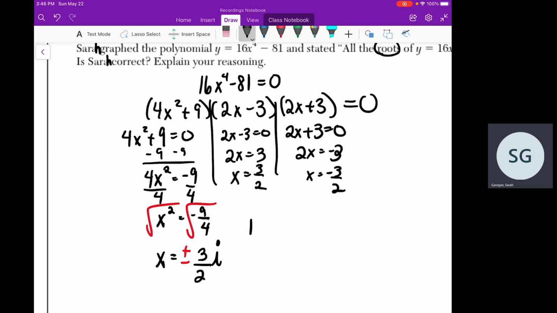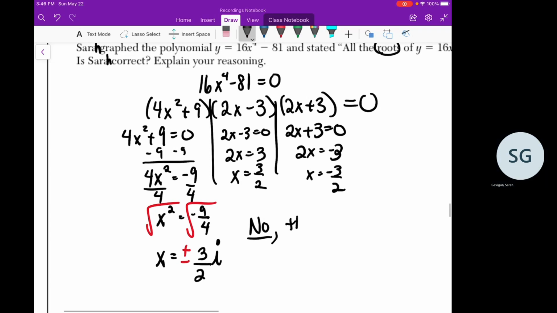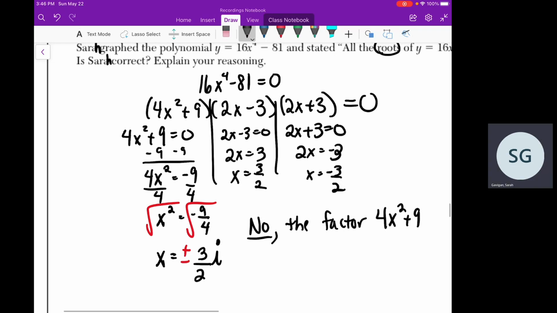So is Sarah correct? No, she is not correct. It says to explain your reasoning: the factor 4x squared plus 9 will result in imaginary roots.